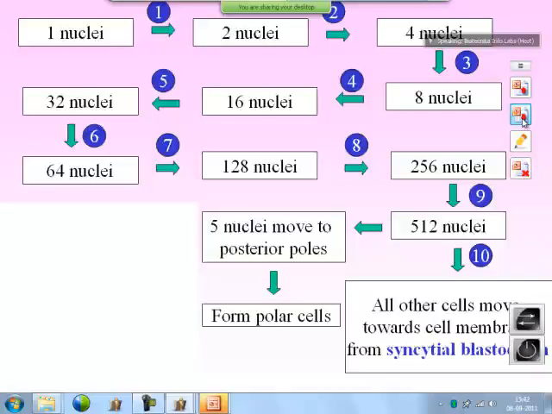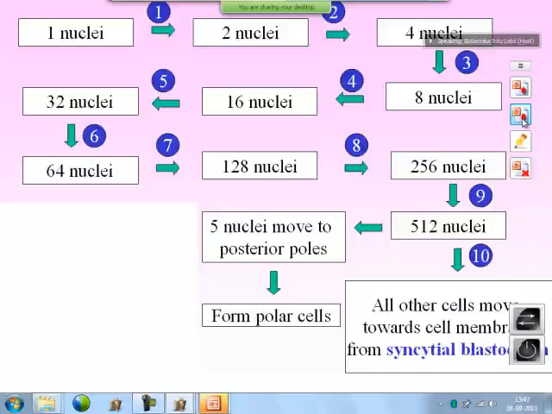In the zygote we know what proteins are there: the maternal proteins and maternal mRNA. Those mRNA and proteins will guide these nuclei to migrate to some area, and that area will develop into what? The posterior pole or posterior side of the embryo.